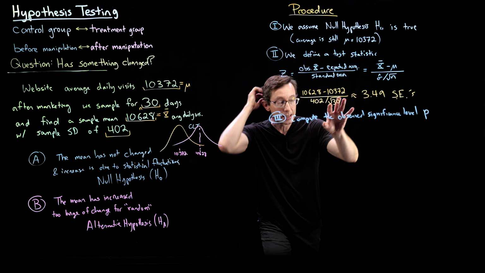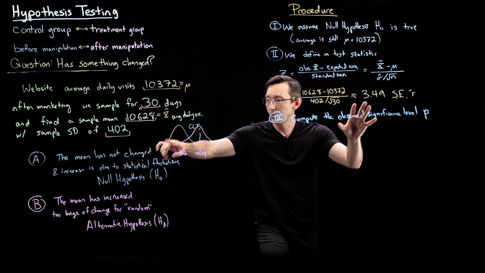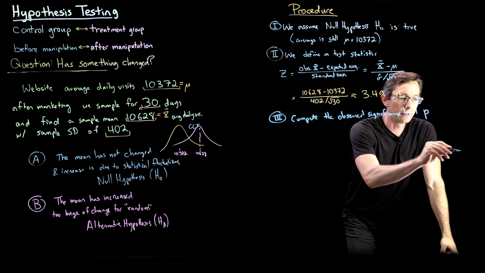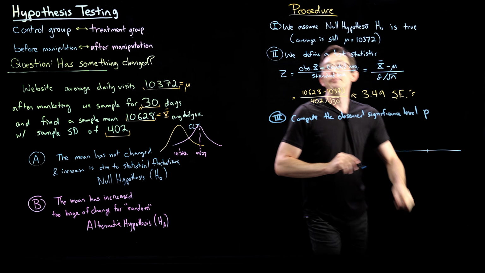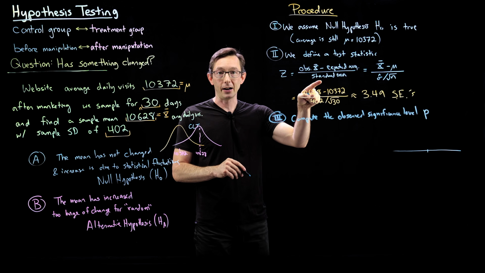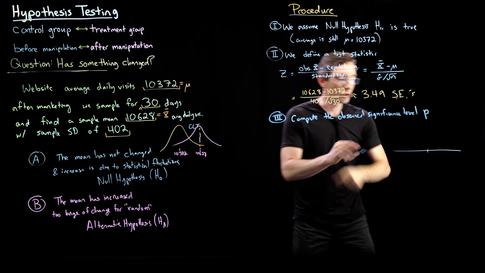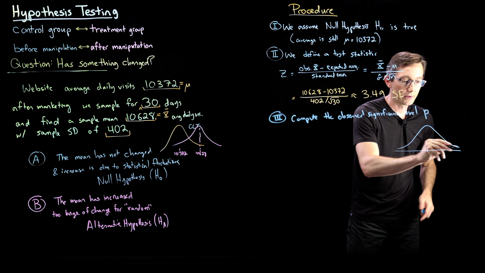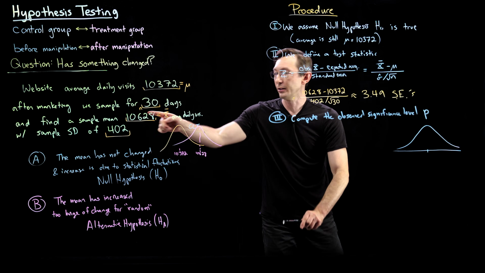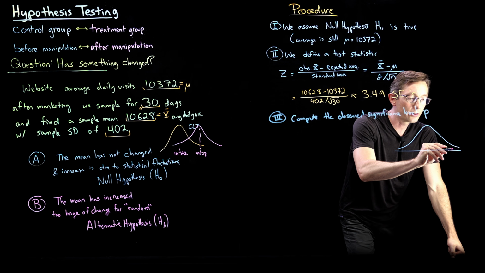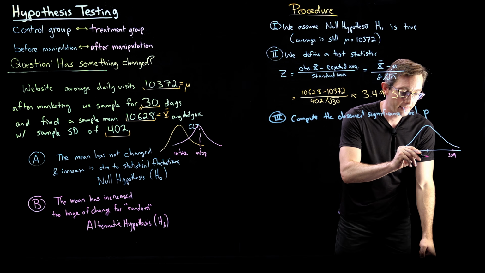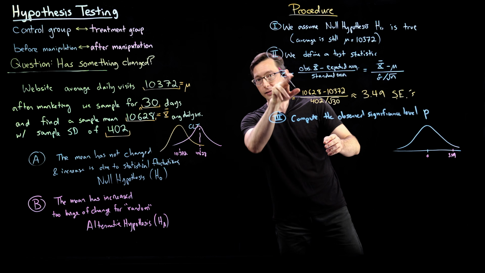And so again, by the central limit theorem, we assume that we have this Gaussian distribution. I'm just going to draw it again over here. Because we've subtracted off the mean and divided by the standard error, z should be a unit normal Gaussian, and our observed value is way over here at 3.49 standard errors away from the mean of 0 in this normalized z coordinate.